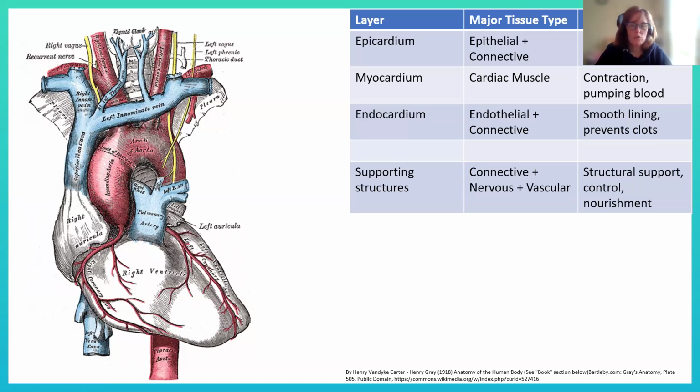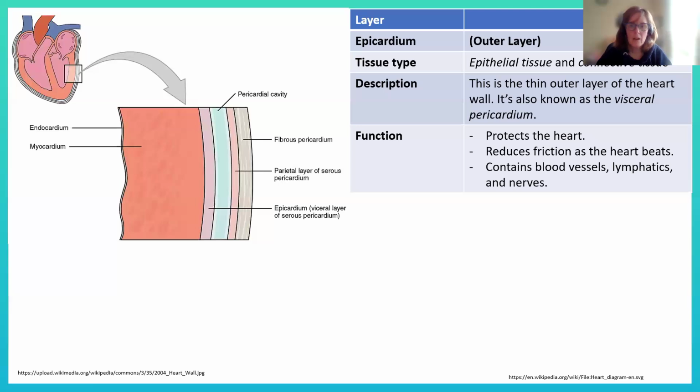So we've got supporting structures, we've got nervous and vascular structures. That's the nerves that are coming in yellow there. We've got the vessels, that's what the vascular means, of the vein and the artery. And then we've got all of these muscle of the actual heart, cardiac muscle, which has got these epithelial and connective tissue layers as well, making it up.